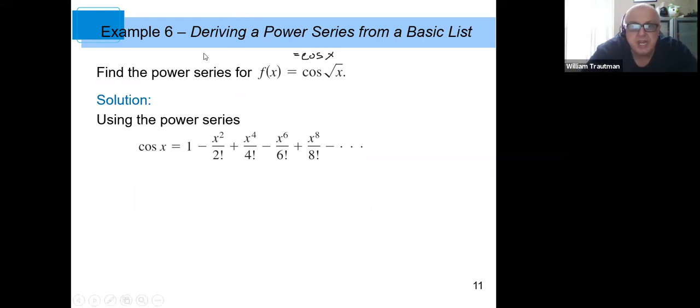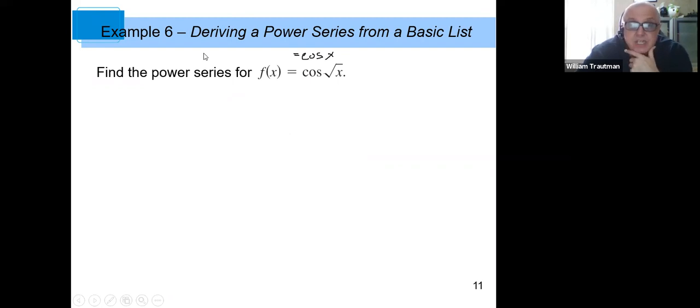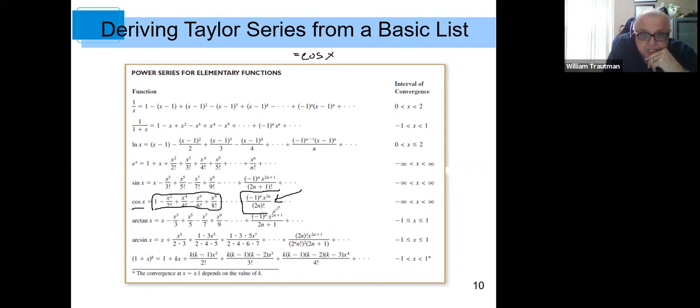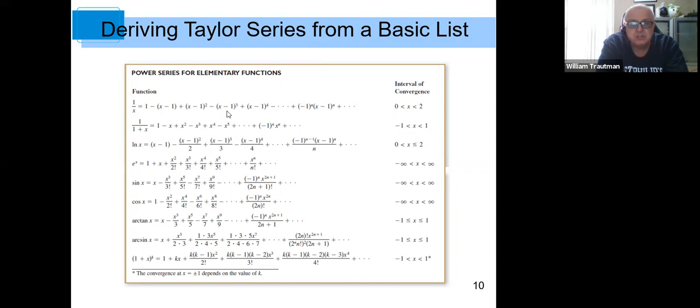If we go back, see, this is the cosine. We want to find the power series for cosine of square root of x. But if we go back to the cosine of x, that's a given. We know what it looks like. We know what the summation should look like also. So this is what they should look like, just cosine x. So we have to change it a little to change it to the cosine of square root of x.